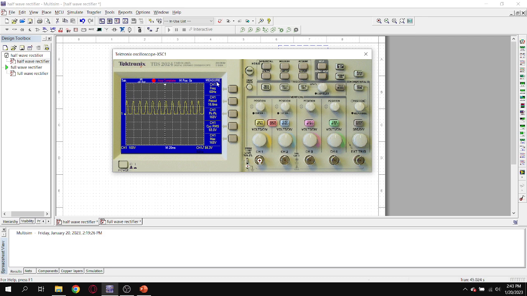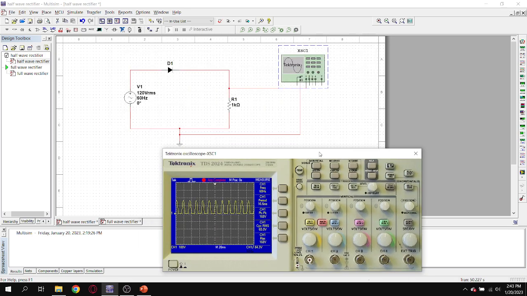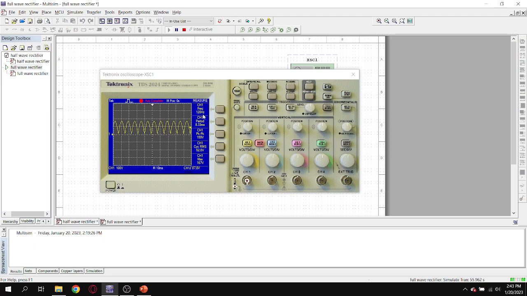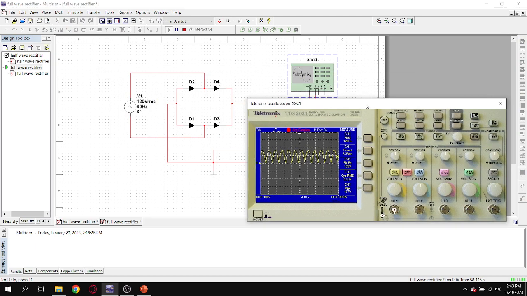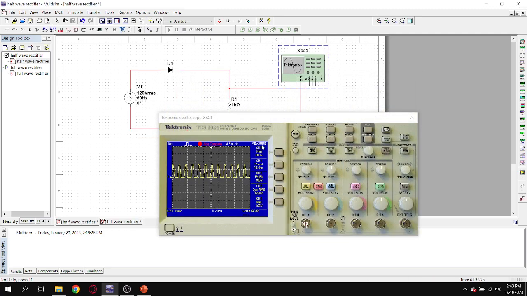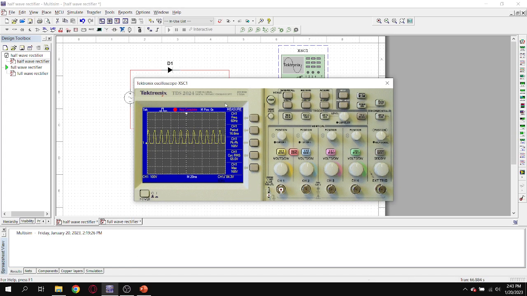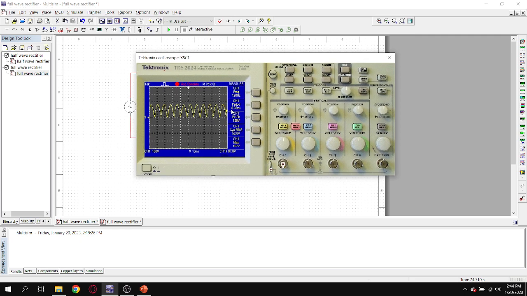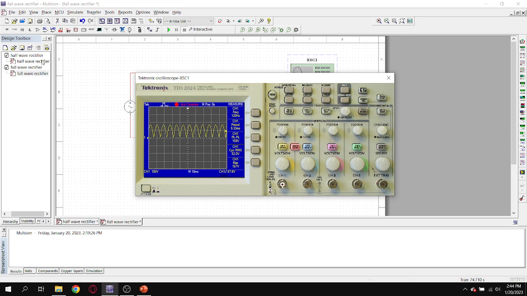In the half wave rectifier, the frequency at this load is 60 Hz, but in the full wave rectifier, we get up to 120 Hz of frequency, while the period from the half wave rectifier is 16.6 milliseconds. For the full wave rectifier, we got 8.33 milliseconds, which is far faster.